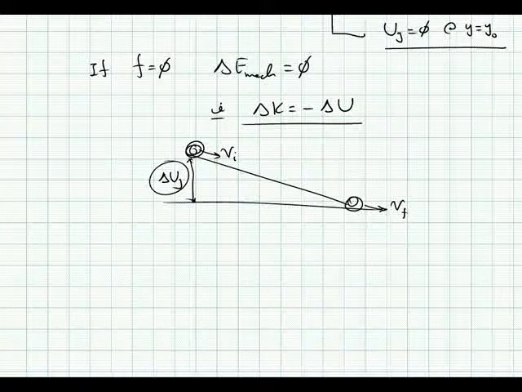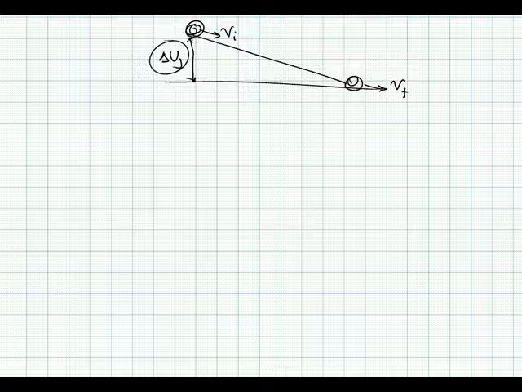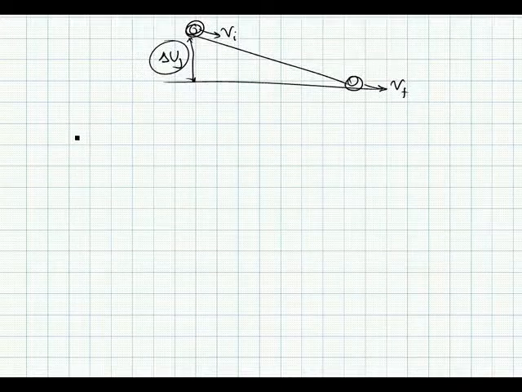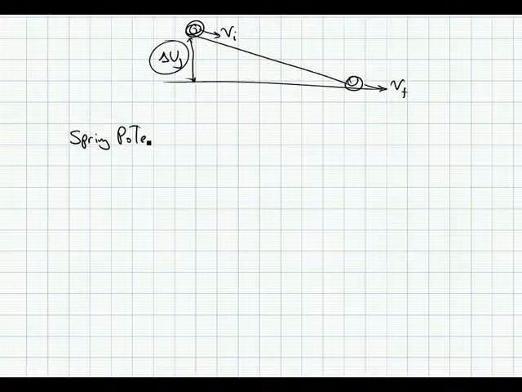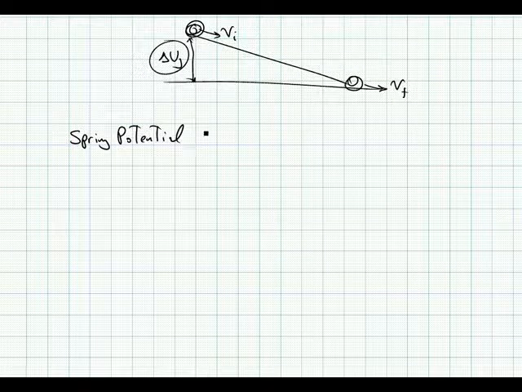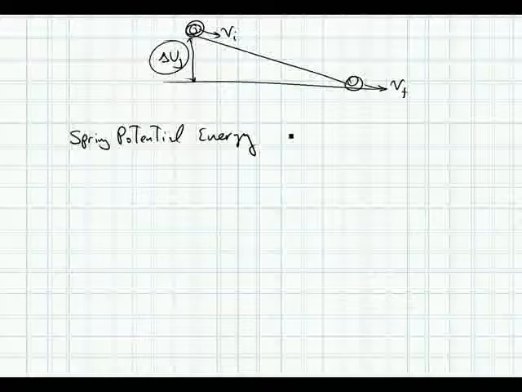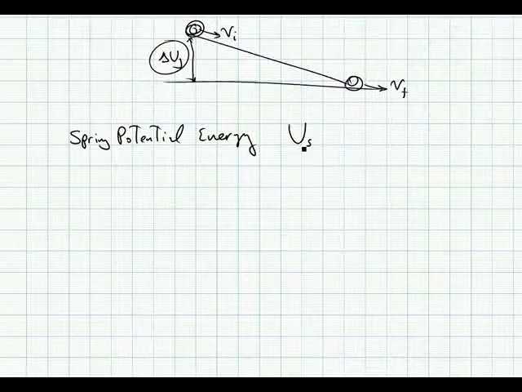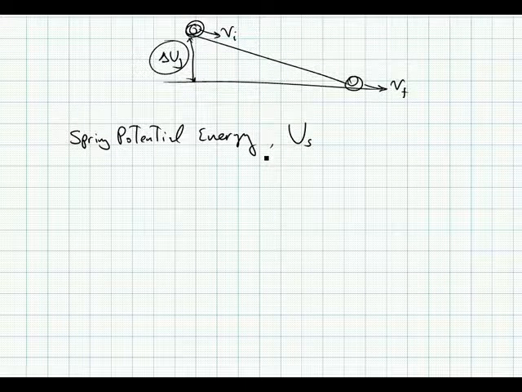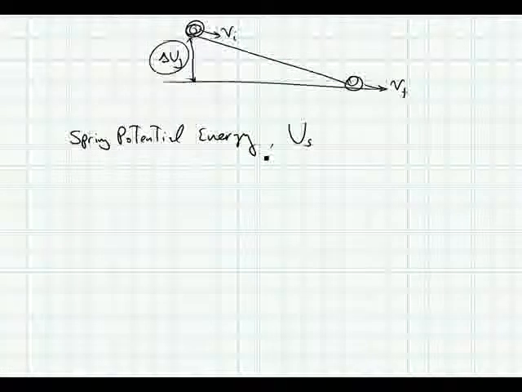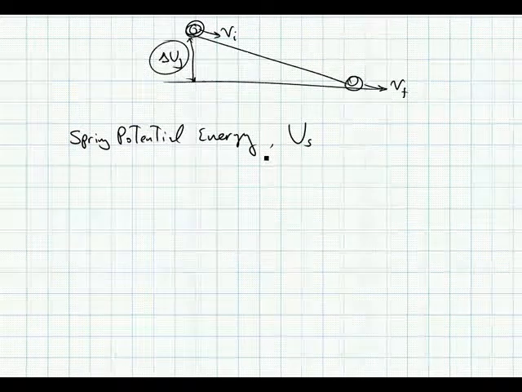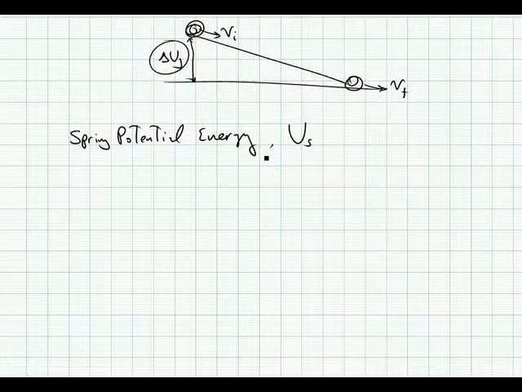Now, in this lecture, we're going to introduce spring potential energy, Us, which is the potential energy that an object has by virtue of being in contact with a spring, which is either stretched or compressed.